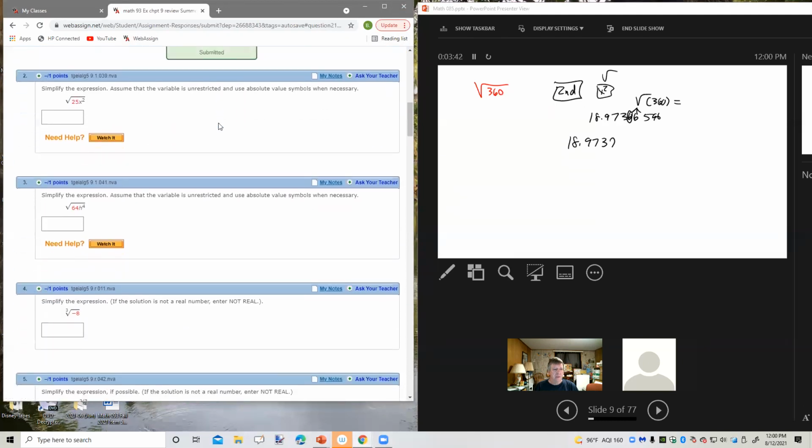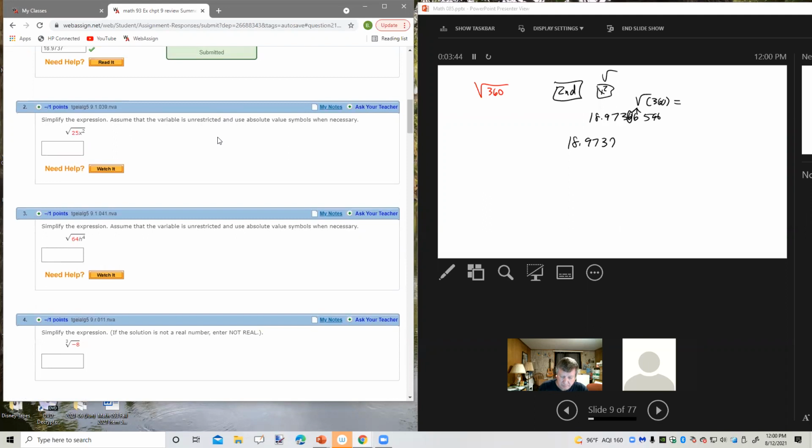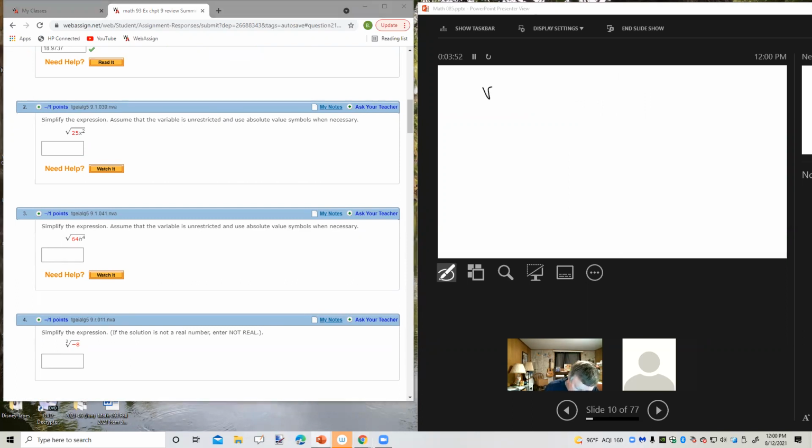All righty. Simplify the expression. Assume that the variable is unrestricted and use absolute value bars when necessary. Okay, so the square root of 25x squared would be 5x. However, since x is unrestricted, x can be positive or 0 or negative. And since we're taking an even root, we can't have a negative answer.